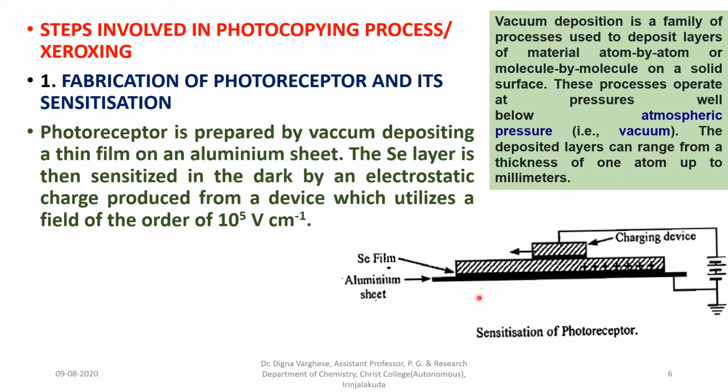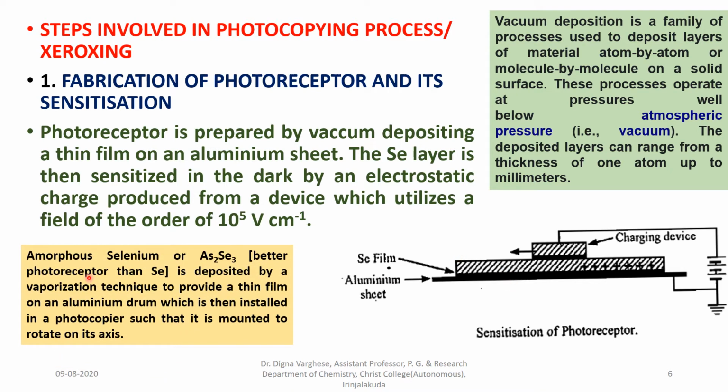So here, the vacuum deposition of selenium or arsenic selenide is what we actually use in the Xeroxing machine. Amorphous selenium or arsenic selenide, that is As2Se3, acts as a better photoreceptor than selenium and is deposited by a vaporization technique, to provide a thin film of amorphous selenium or arsenic selenide, atom by atom or molecule by molecule, on a solid surface.